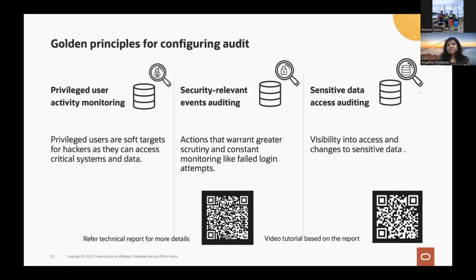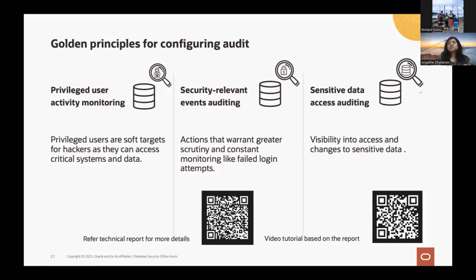So privileged users, this category is for monitoring the privileged users because their accounts are prime targets for any of the hackers. They have broad access, and their account, if compromised, gives the hacker broad access to the entire database. The security relevant events, of course, point to abnormal access patterns or things like failed logins or schema modification changes.